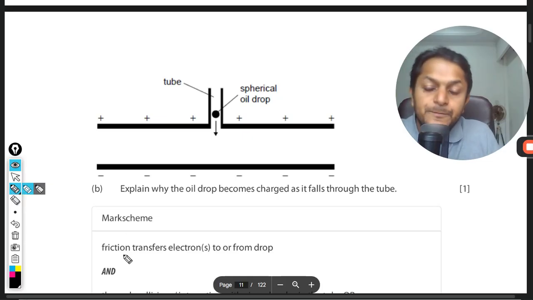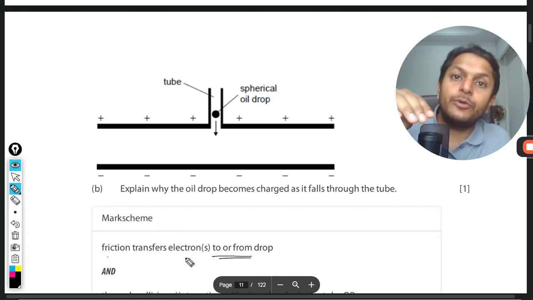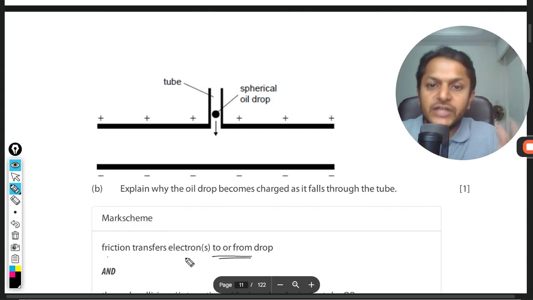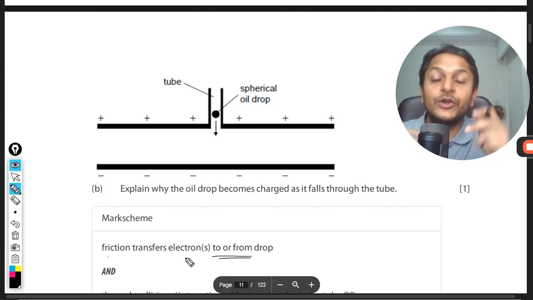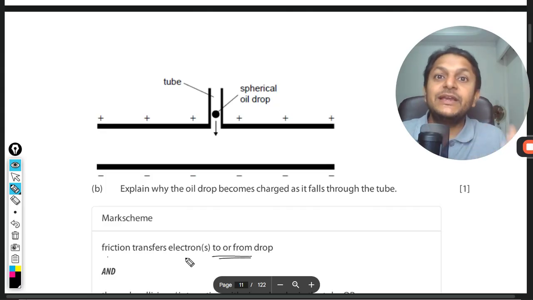You clearly see they have written one statement here: friction transfers electrons, but they are still not confirming whether it is to the drop or from the drop. As I told you, we can think of it. We know that it is going to be, I think, negatively charged, so it will be accumulating electrons, so it will be gaining electrons.